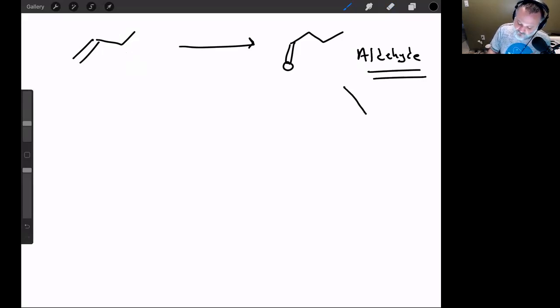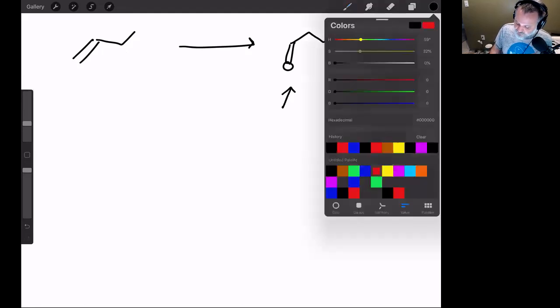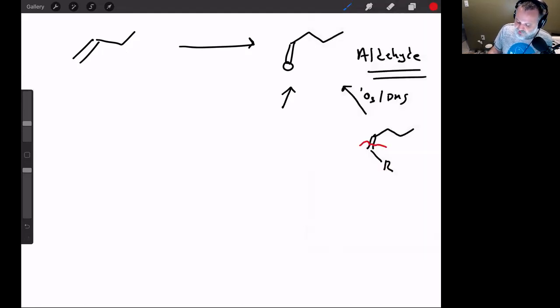So I know 2 different ways that we could have done that. We could have done ozonolysis. If I would have had those 4 carbons connected with the double bond, and it wouldn't have mattered what that R group was, I would have been able to break that bond and form the double bonded oxygen exactly where I want to. But there's something there that's telling me that maybe I shouldn't think about that reaction.